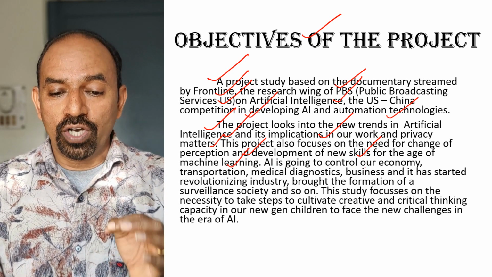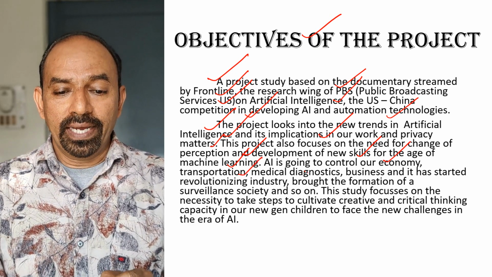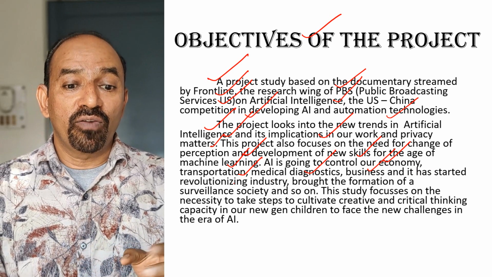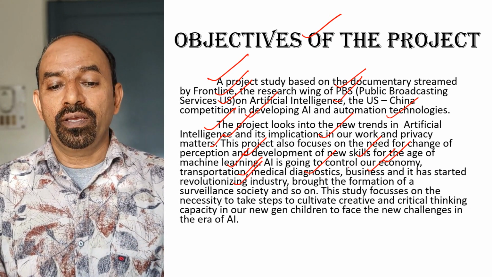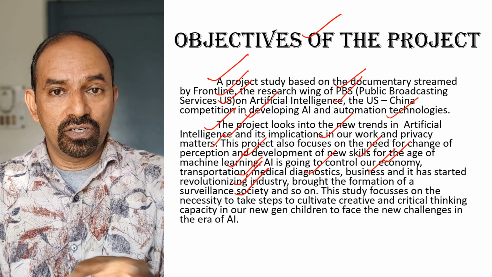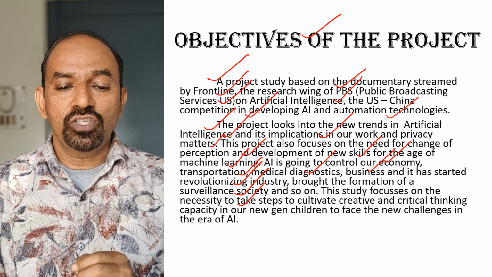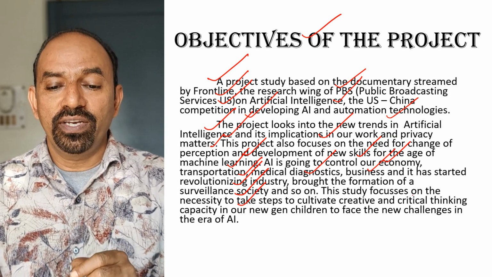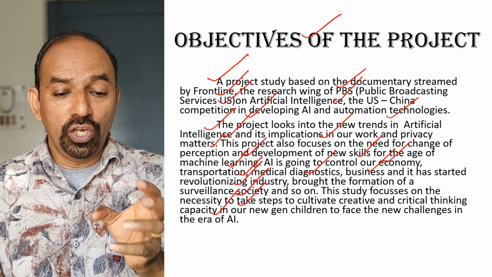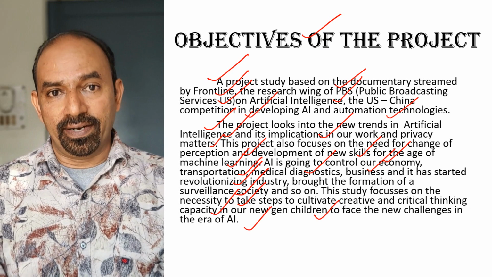AI is going to control our economy, transportation, medical diagnostics, business, and it has started revolutionizing industry, brought the formation of surveillance society, and so on. This study focuses on the necessity to take steps to cultivate creative and critical thinking capacity in our new-gen children to face the new challenges in the era of AI.